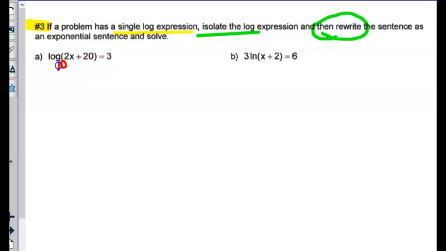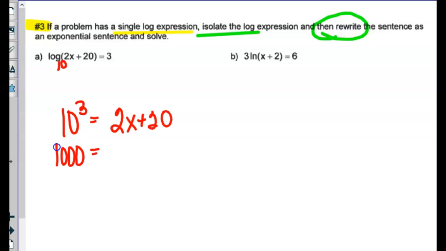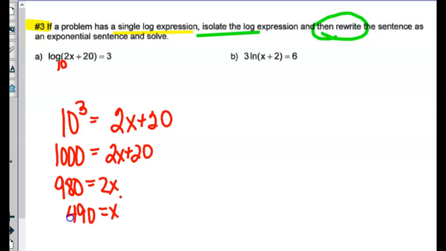So how are we going to rewrite this? Yes, 10 to the third equals 2x plus 20. That's 1,000. 980, did I subtract right? 490 if I divided right.